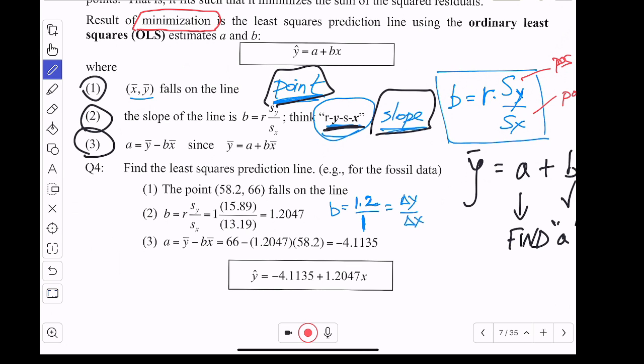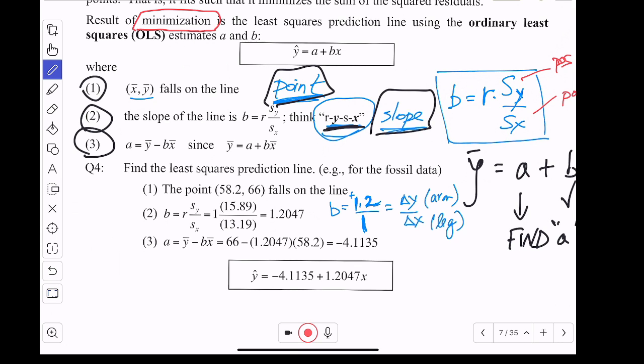So this is a positive relationship. I have to remember now, was the leg x and this was y, right? So did I say it backwards? So for one more unit of the leg bone, the arm bone was 1.2. That's how you interpret. Even though we didn't calculate it with 2 points to find the change in x and change in y, that is the interpretation.